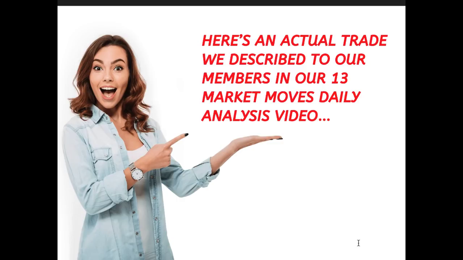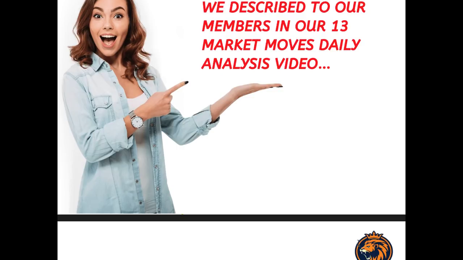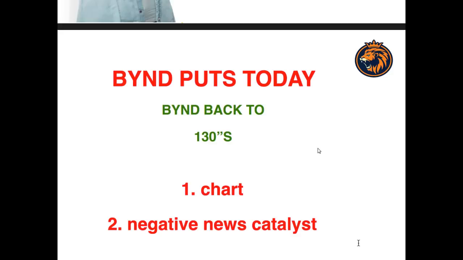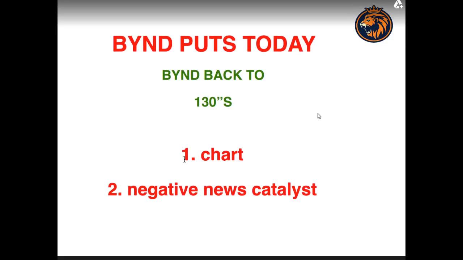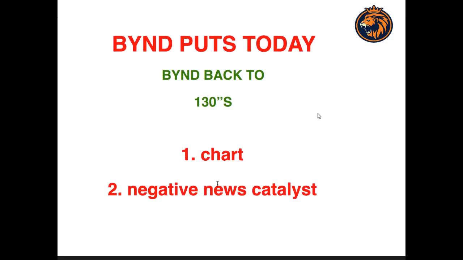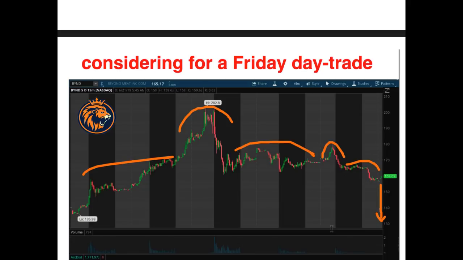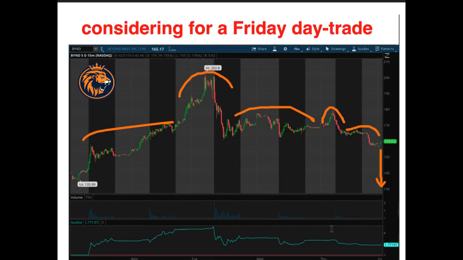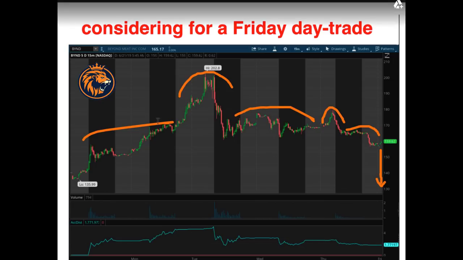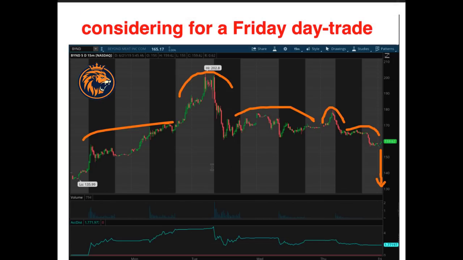But it said buy BYD puts 160, 165 puts. And basically, when we described the trade, we said, look, the chart looks horrible, and now we've started to see some negative catalysts coming in, so it could easily travel back to the 130s levels. So considering this for a Friday day trade, we pointed out specifically some chart patterns like the head and shoulders.